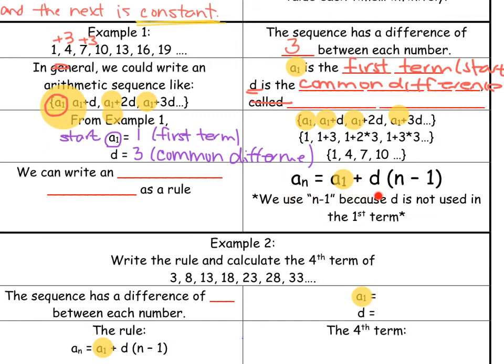The rule down here is what we're going to use, and I'll tell you how we get there in just a second. So A sub n is the term we're looking for. This is our A1, our start, our first term. D is the common difference, and then we take the number of the term we're looking for, subtract 1, and multiply that times the common difference.